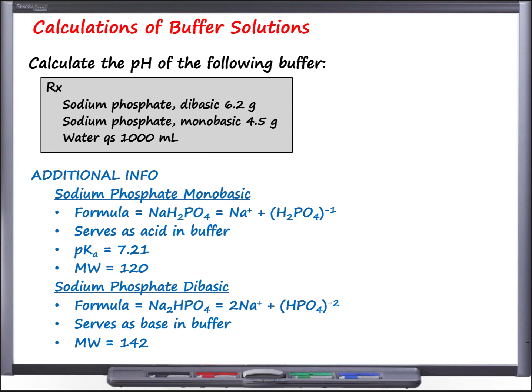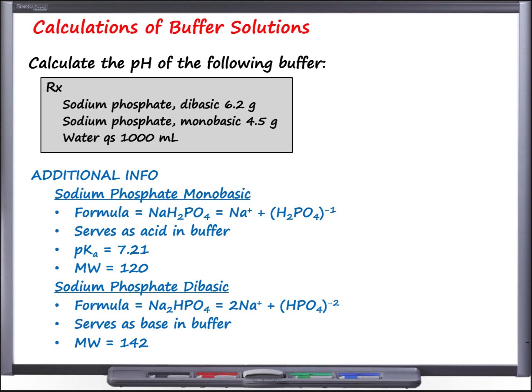When you put that in solution and it dissociates into its ions, it will produce one sodium ion and one monobasic phosphate, with the formula H2PO4. And understand why that has a -1 valence. Remember, phosphate itself, the PO4 part, is -3. Since you have two hydrogens, each +1, that means +2 with the -3, which is why the valence of the monobasic phosphate is -1. Very important to understand.